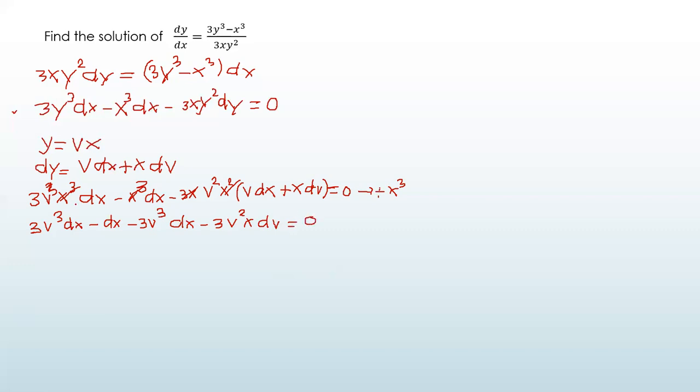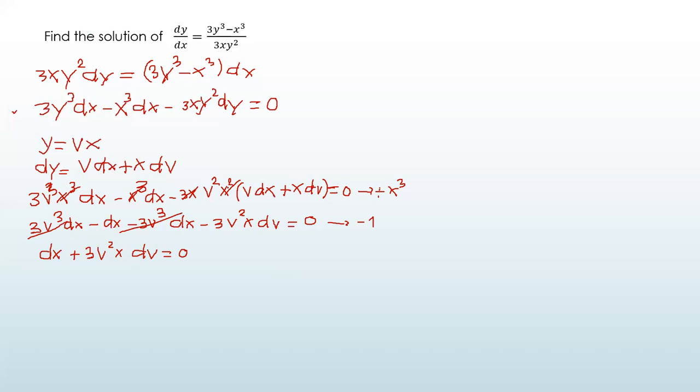Okay, and afterwards, look, this one we may calculate, it becomes 0. And multiplying by -1, it becomes dx plus 3 v squared x dv equals 0.